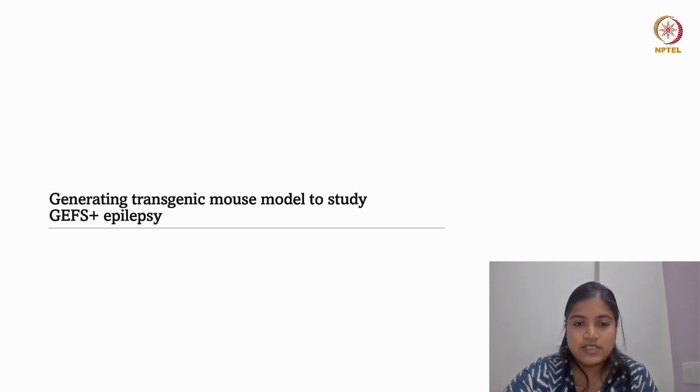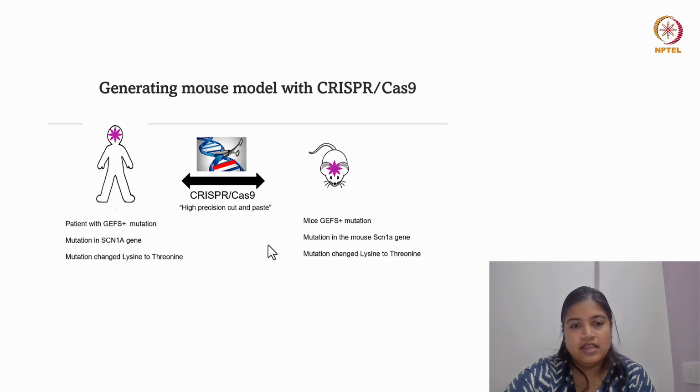When I was a postdoc in Diane O'Dowd's lab, my work involved generating a transgenic mouse model to study GEFS plus epilepsy. Like I mentioned, the approach was that you first identify a mutation in a human patient. This was done by some other group.